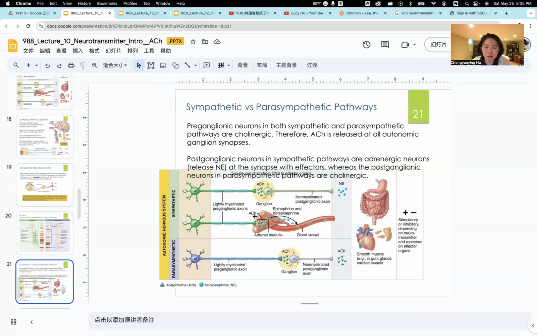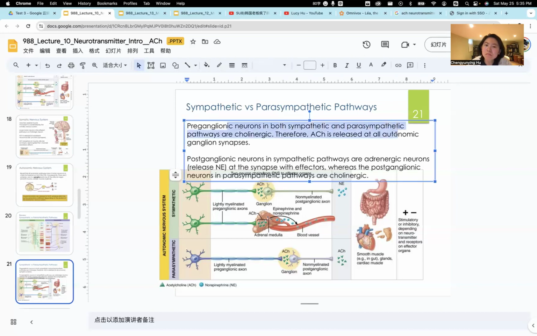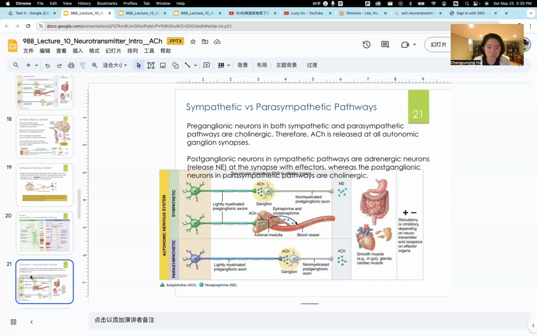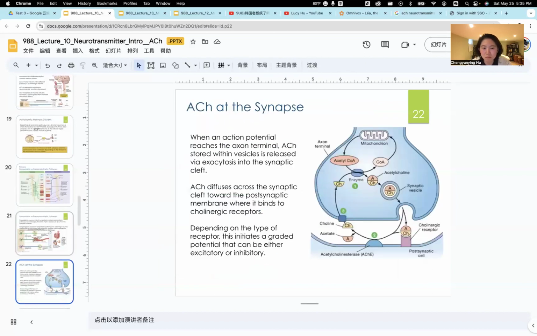I'm checking what the receptor is here. It didn't say.